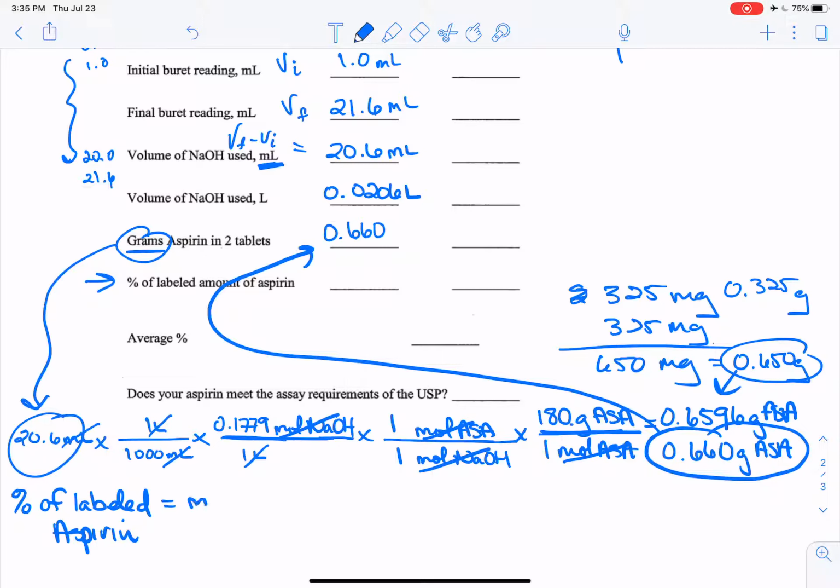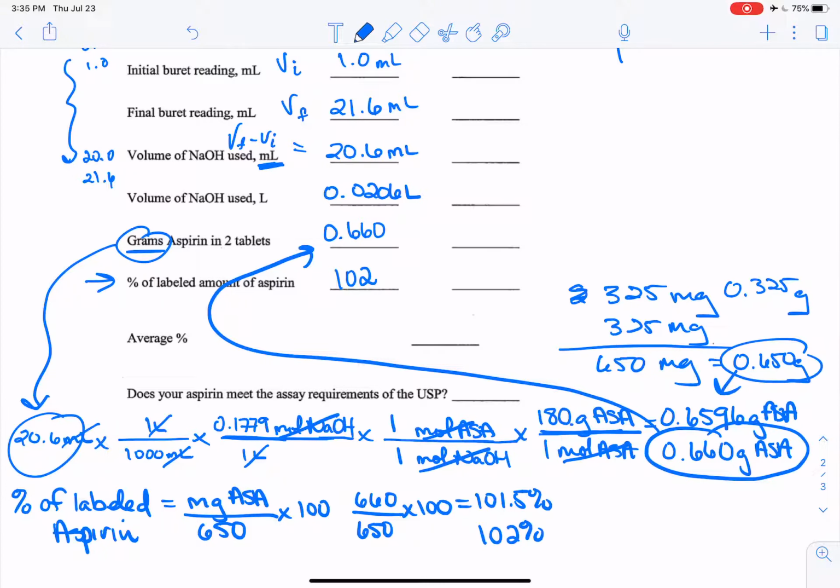Go ahead and put your milligrams of acetylsalicylic acid on top, and then divide that by 650 and multiply that by 100. So what we would do for percent of labeled aspirin is we would say 660 divided by 650 times 100. And what we will get is 101.5%, or about 102%. So we'll put 102% there.